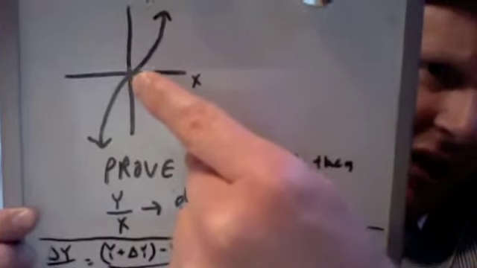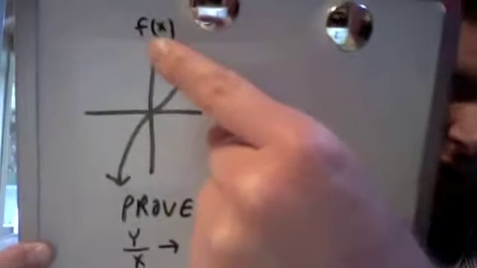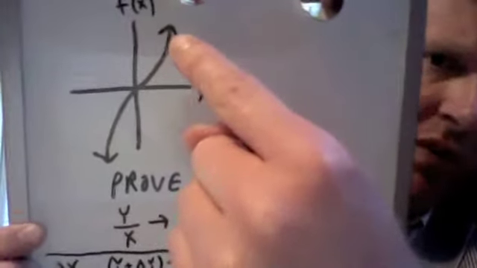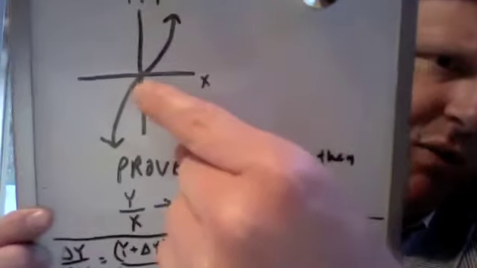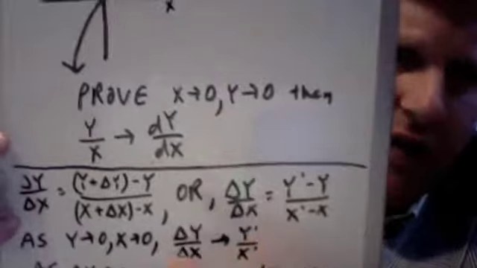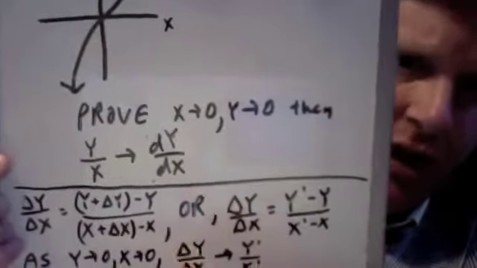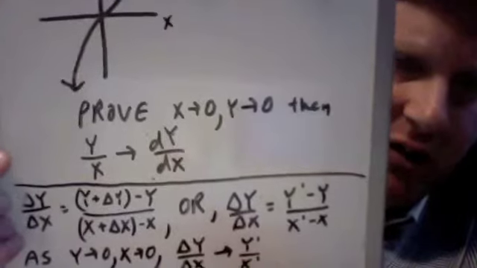So it would be like 0 plus delta x would be our x prime, and 0 plus delta y would be our y prime. So the two become equivalent from the point of reference of the origin. This is self-evident if you think about it logically: our y prime would be the same as our delta y, and our x prime would be the same as our delta x from the origin.